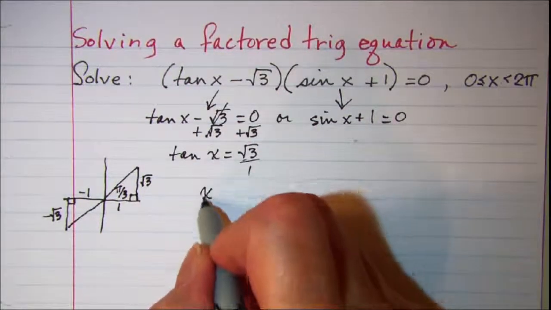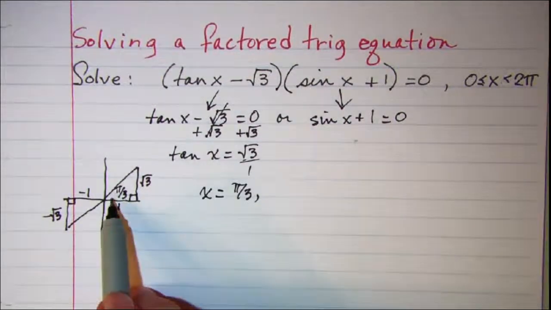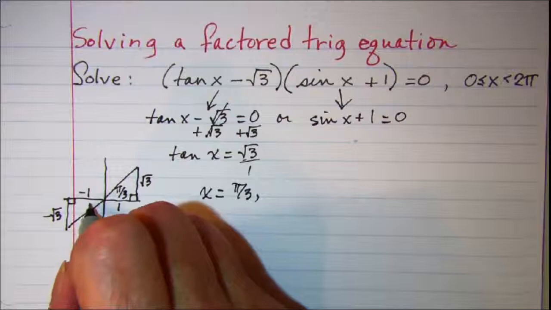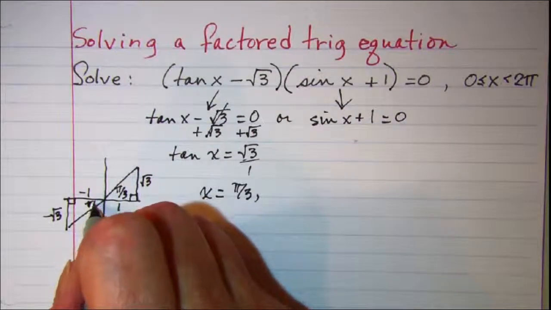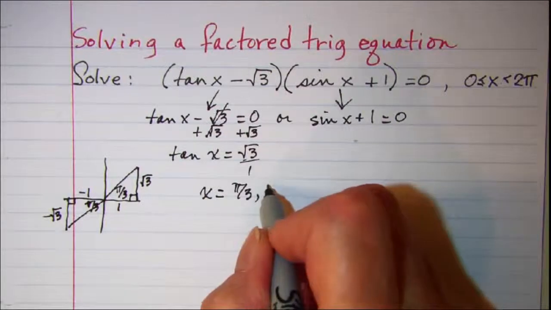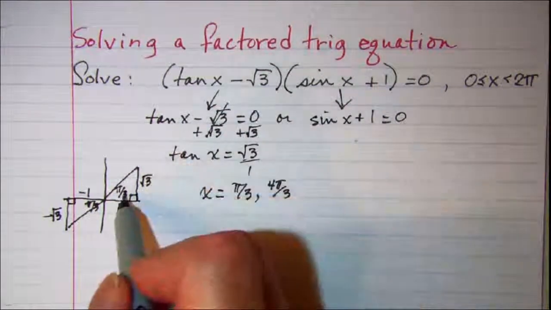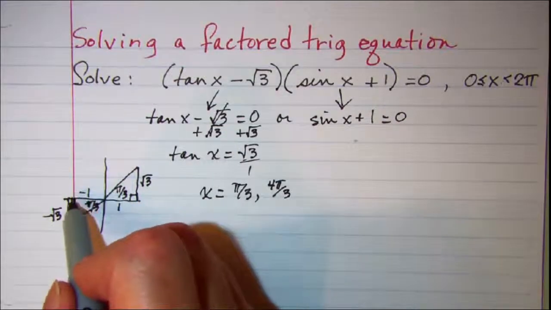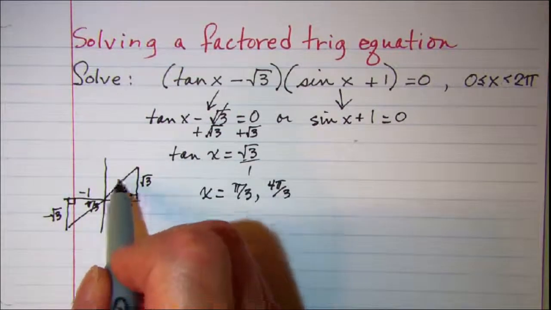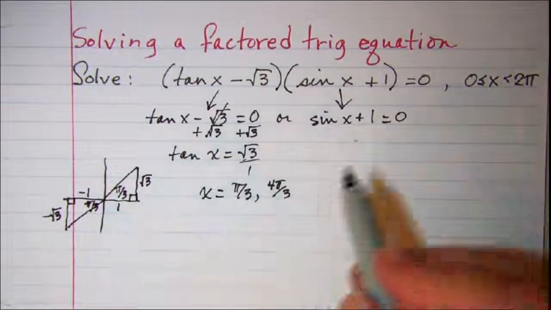So x is equal to pi over 3, and then in quadrant 3, a reference angle of pi over 3 will give me an x value of 4 pi over 3. Since this top semicircle is pi radians, and then you add another pi over 3, that'll give us 4 pi over 3.